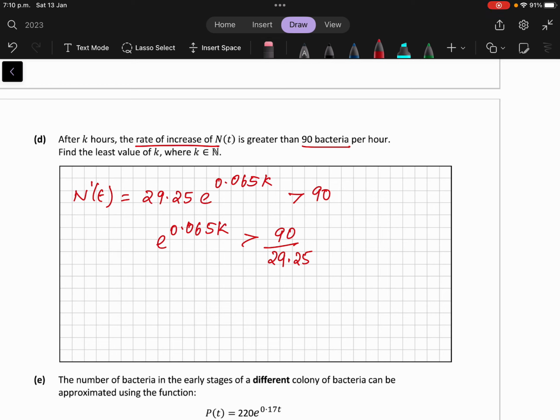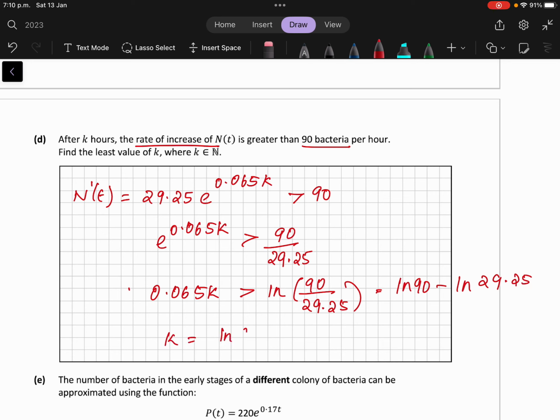You can put an ln here, so 0.065k will be greater than ln 90 over 29.25, and this will be equal to ln 90 minus ln 29.25, so k will be equal to ln 90 minus ln 29.25 divided by 0.065. So it's not equal to, it's greater than. So k will be equal to 17.29, approximating it to 18.